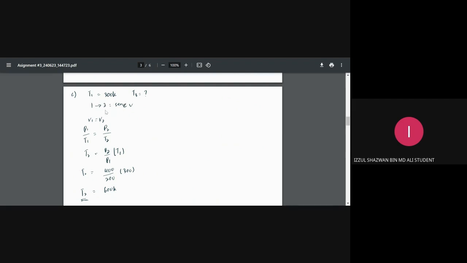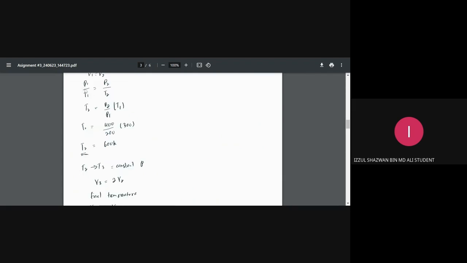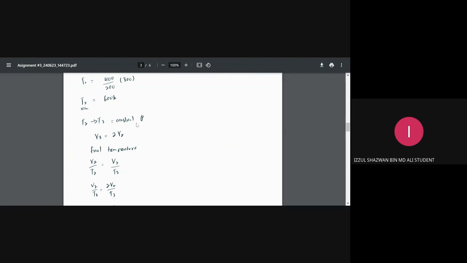We don't have the temperature at T2, so we need to find it first. Since the volume from 1 to 2 is the same, we will use the formula P1 over T1 equal to P2 over T2. So we need to find the temperature at 2, so we will convert it to P2 over P1 times T1. We will find 600 K as the second state temperature.